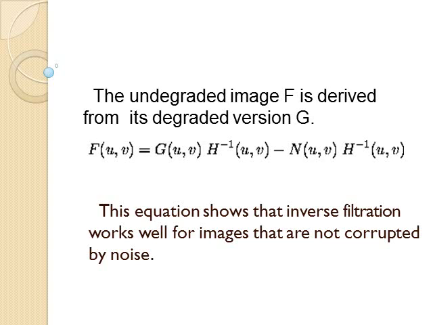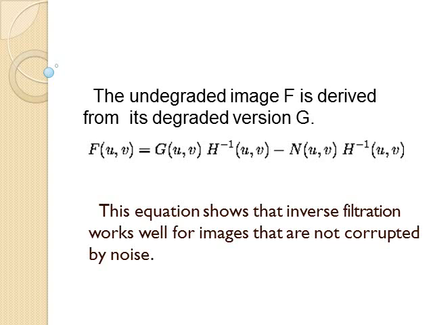Here G(u,v) is the degraded image. The inverse Fourier transform of the function H is applied, minus N(u,v) into the inverse transform again. This will give you the original image F(u,v).